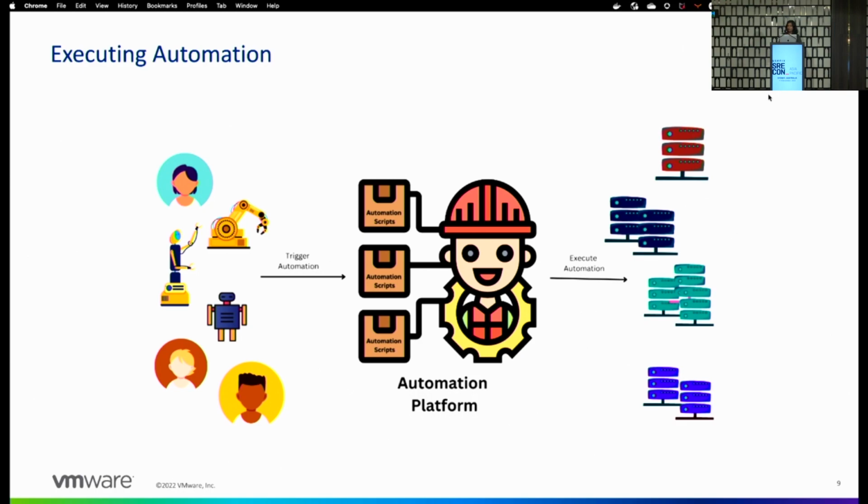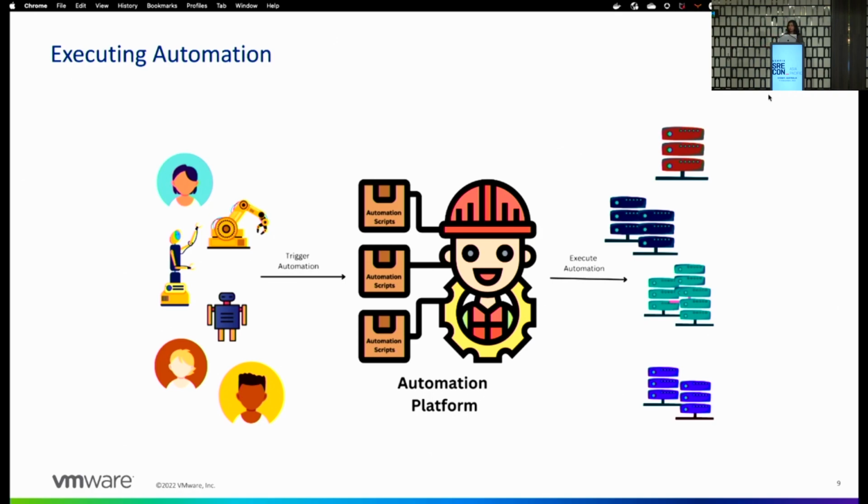So this automation platform is responsible to execute these automations on the customer infrastructure. It can be one SDDC or n number of SDDCs, one flavor of SDDC or different flavors.